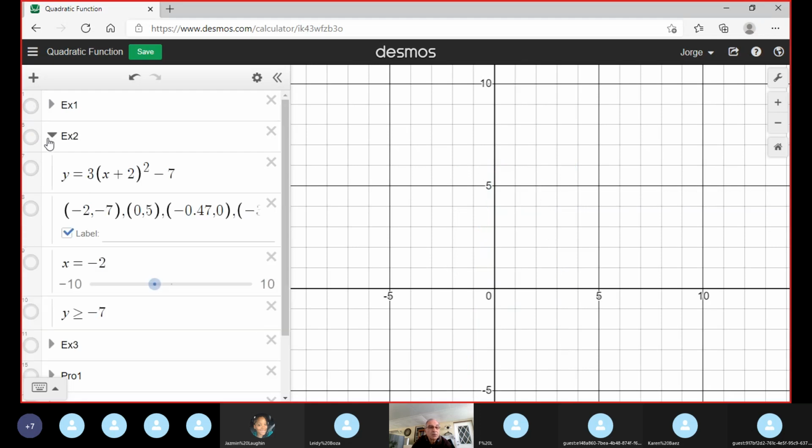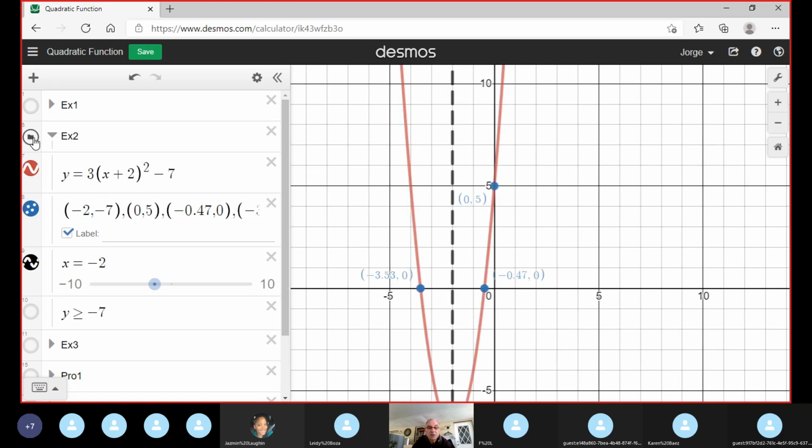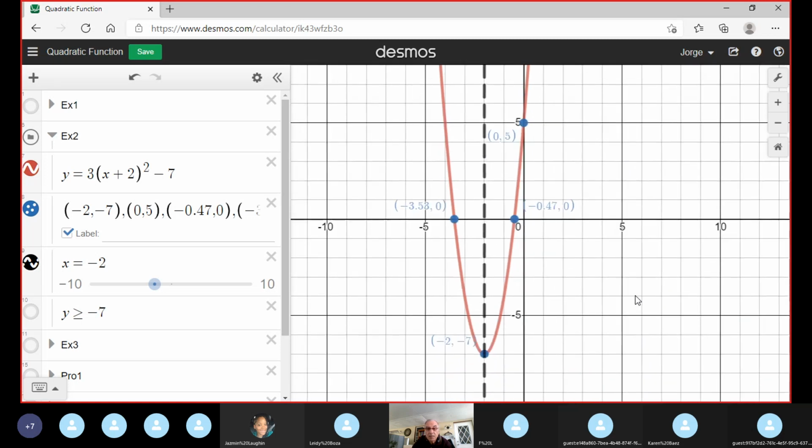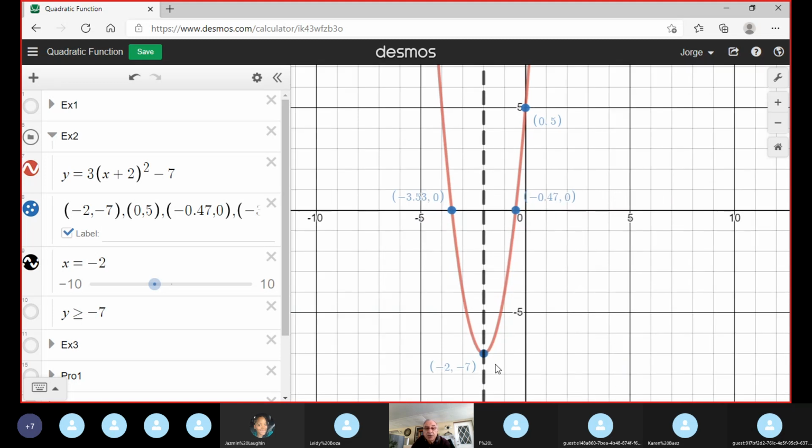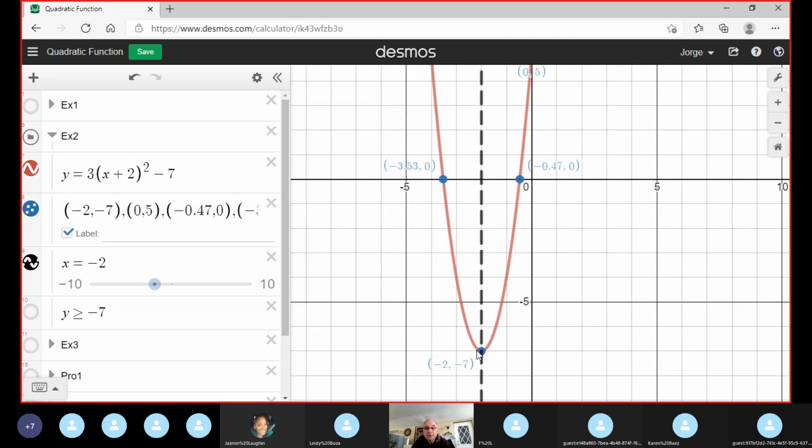Example 2. Look at that. Okay, this parabola opens up. It's obvious to open up because A is 3, okay, positive. We found the vertex is at the point -2, -7.